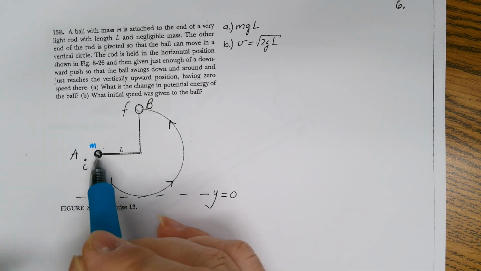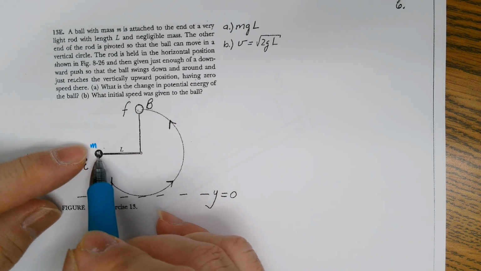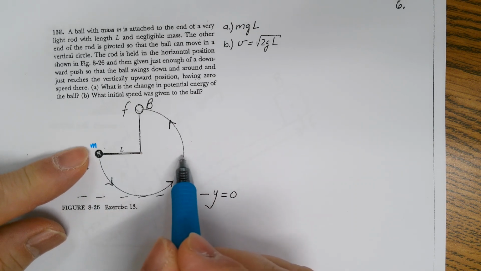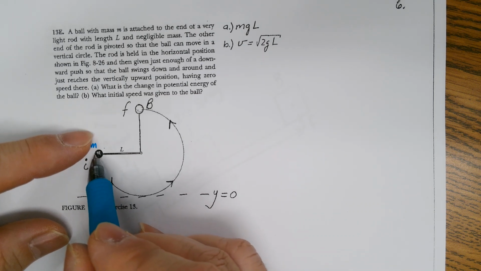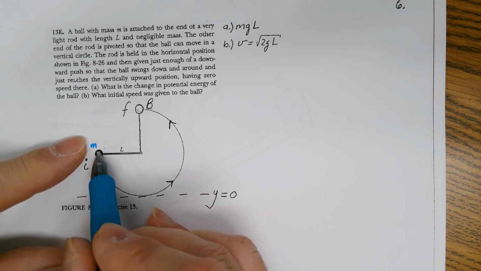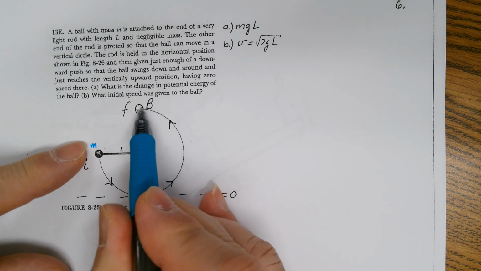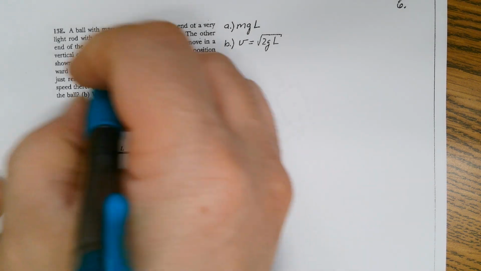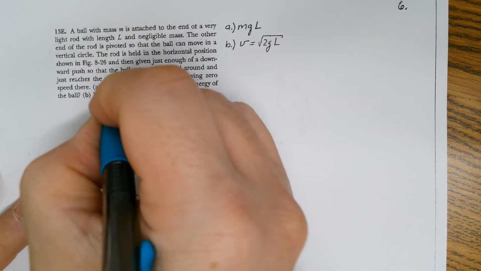If I just release it instead of giving a shove, most likely it only has enough energy to go to the other side and come up to here before it comes back down again. But if I give it a little downward push, a little shove, then it has more than this potential energy to go around and even more up to here. At this position, my V final is equal to 0.